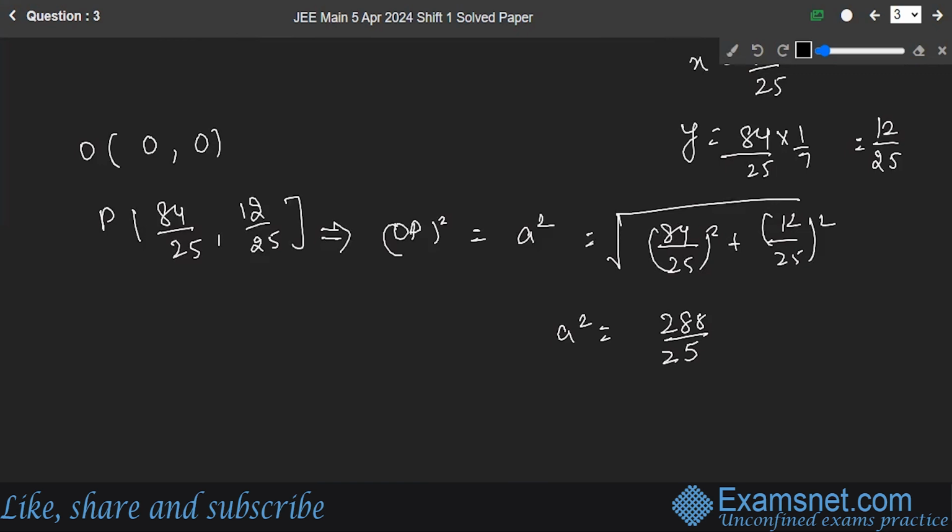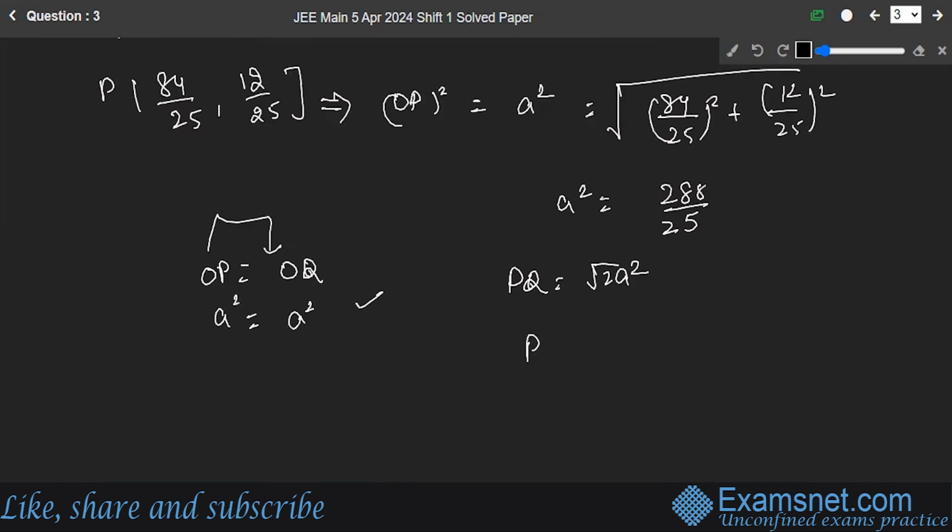So you know one thing, that OP is equal to OQ. So that means both are equal to A. Correct? OP was equal to A, OQ is also equal to A, PQ was equal to root 2 into A. So PQ is equal to root 2 into this.